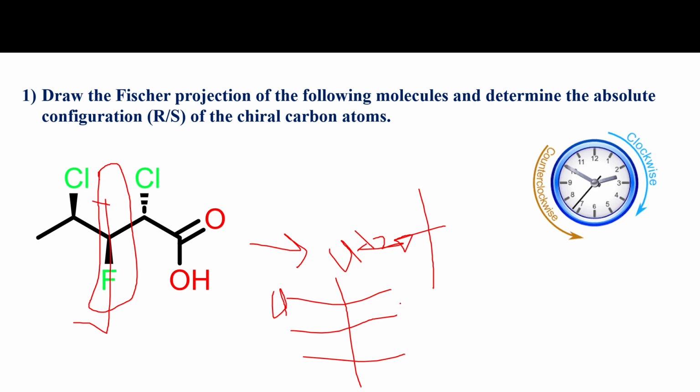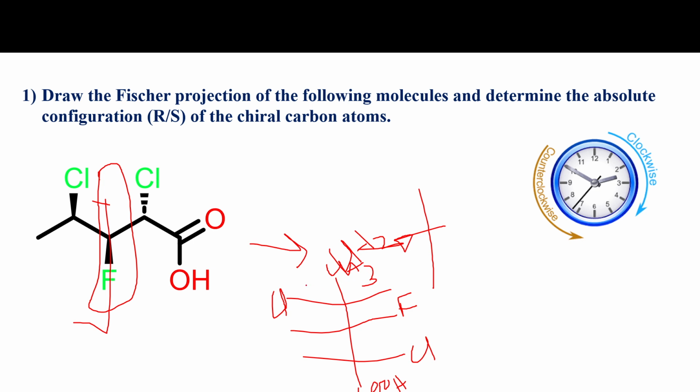This chlorine up means this side. Chlorine down means this side. Above one is the methyl, and below one is COOH. Now you already know that RS nomenclature.